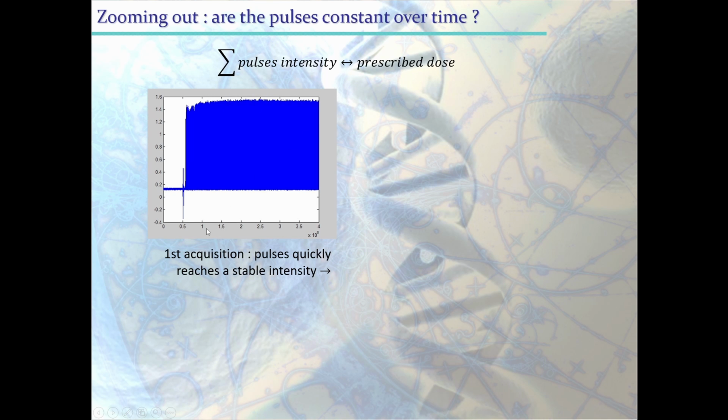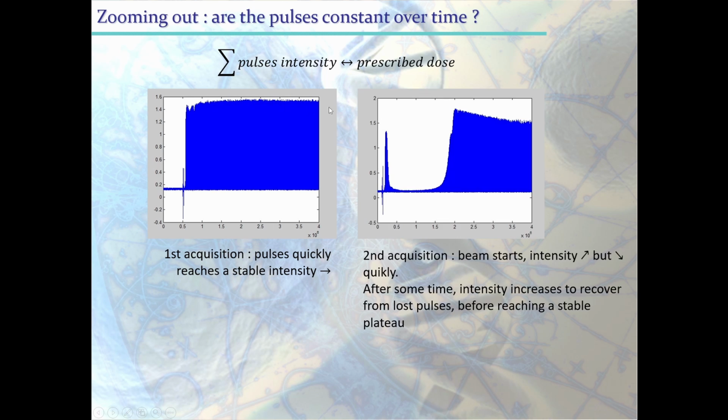And there you see one recording, many pulses, rather stable, and another recording taken later on, which doesn't look at all like the previous one. The beam started to deliver power, real power, then the power dropped down.